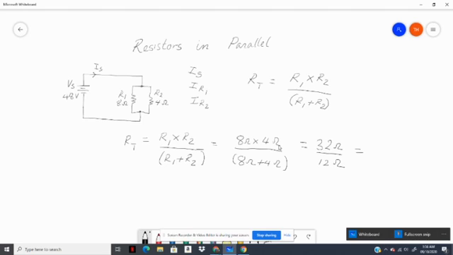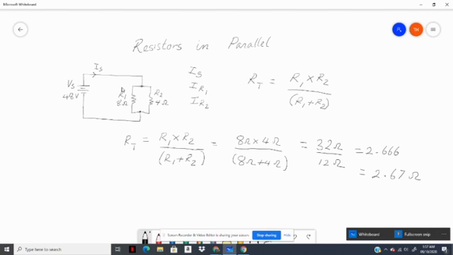I have to go to the calculator. 32 divided by 12 gives 2.666 recurring, and we can write that to 3 significant figures as 2.67 ohms. So that is the total resistance of the two resistors in parallel.